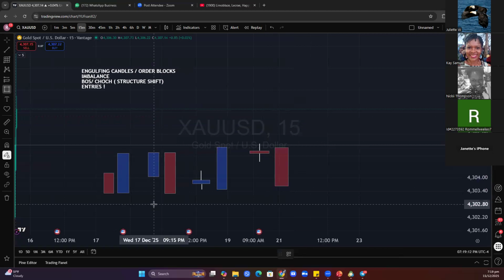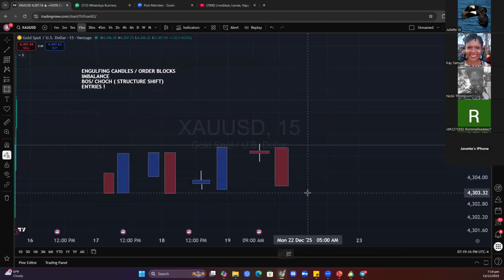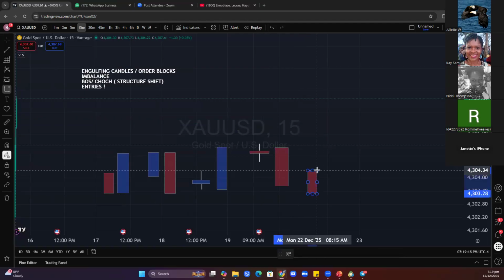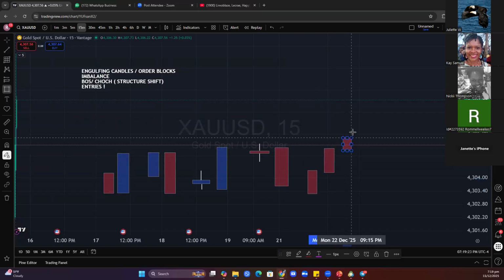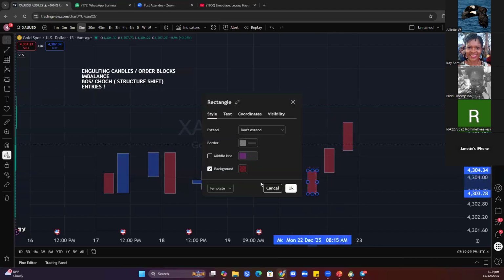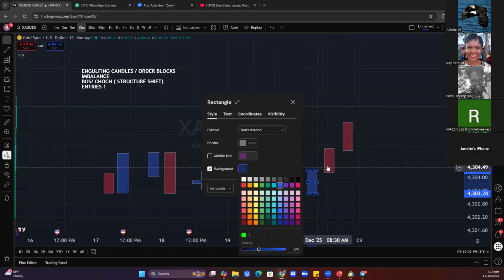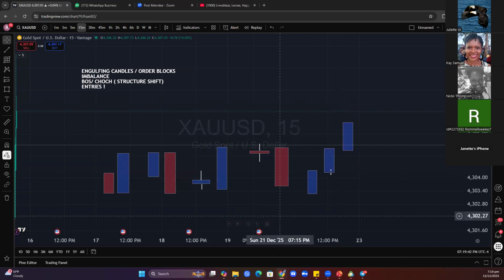Another example, you may see three bullish candles to the upside. You may see price pushing up like this, boom, boom, boom, one after the next. And then of course, the same to the downside, showing that bearish momentum.